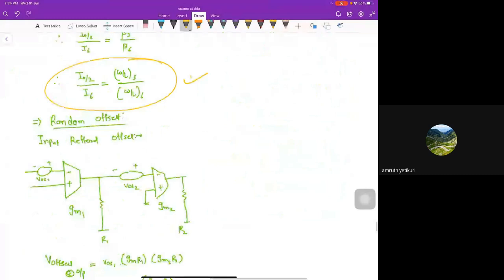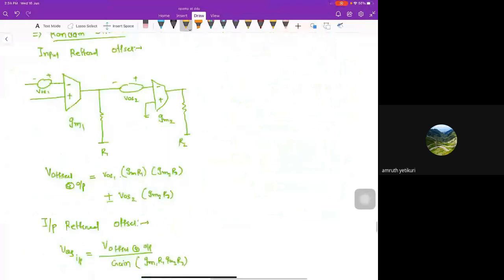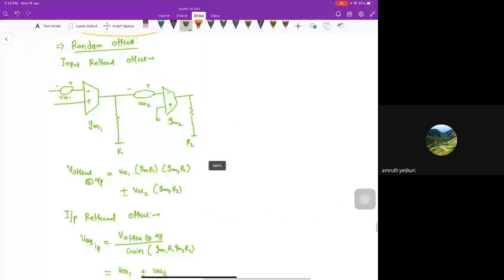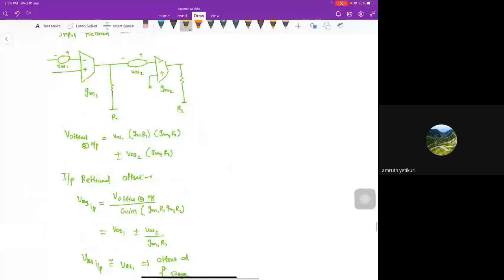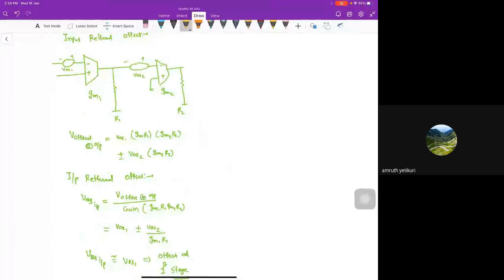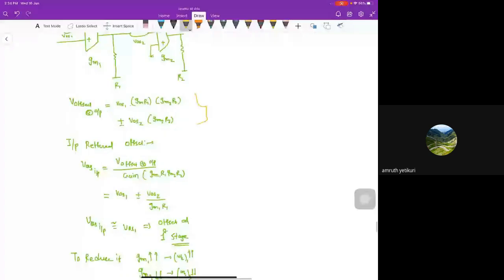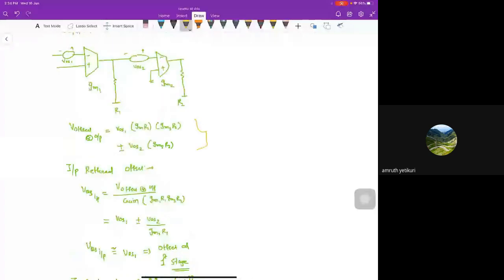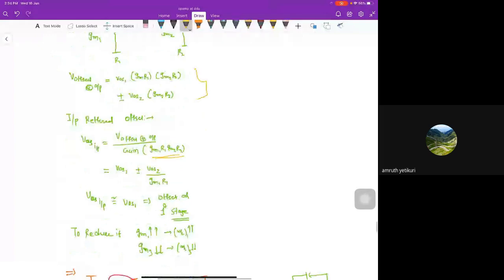The second thing is the input-referred random offset. We already did the input-referred offset VOS1, VOS2. If you go through the expression and refer it to the input, that means dividing by the total gain, you will find that the offset of the two-stage op-amp is equal to the offset of the first stage plus or minus the offset of the second stage divided by the gain of the first stage.